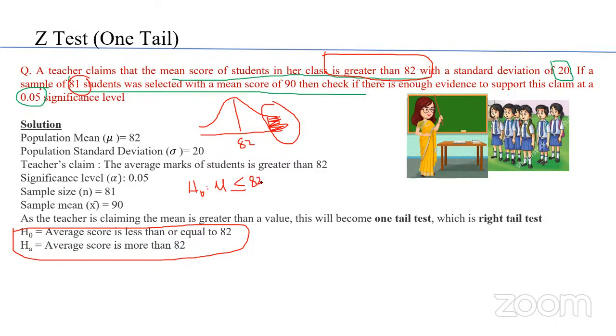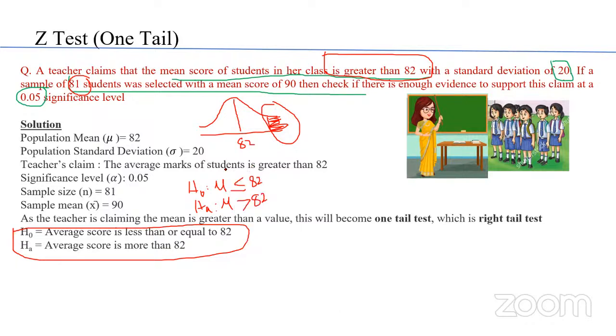Ideally it should be equal to 82, but as the person is challenging, we consider it as less than or equal to 82. And the challenging person is telling that no, I can prove that my students are more than 82. The significance level is the same, and I hope you understood. So Z-test we have to use, a right tail test.